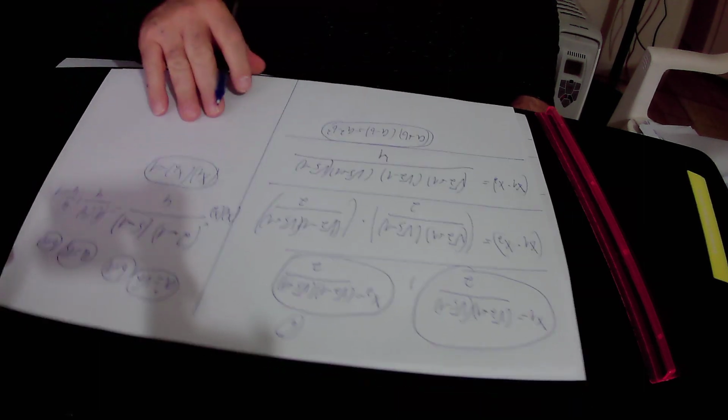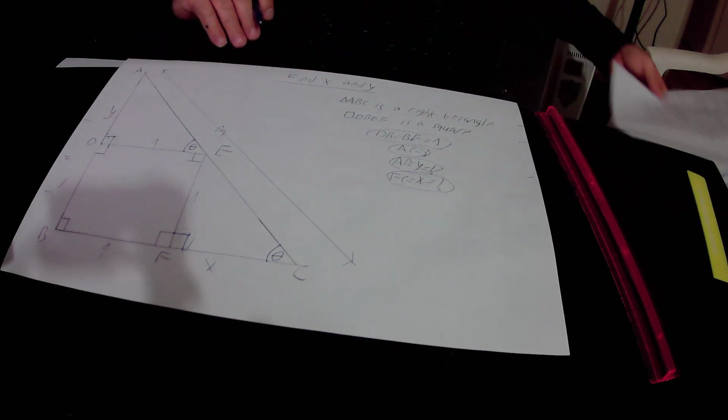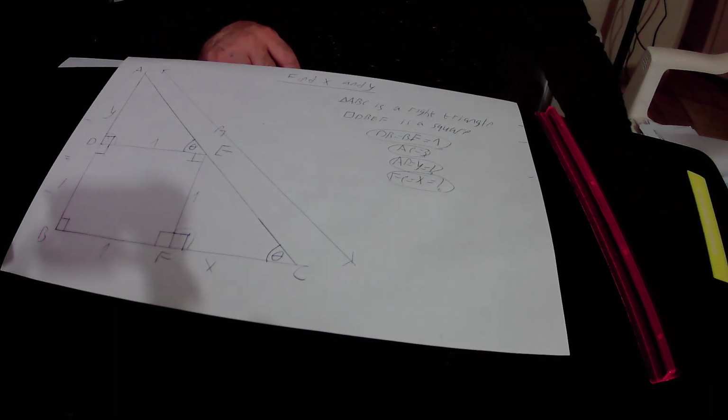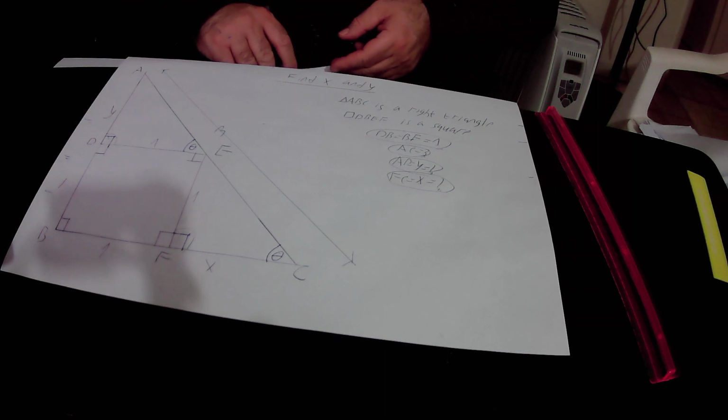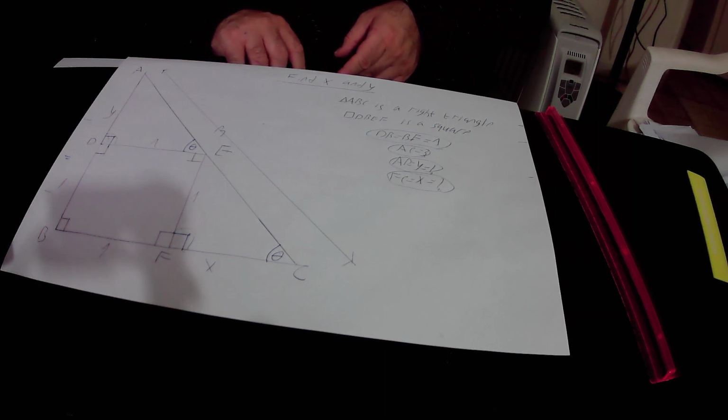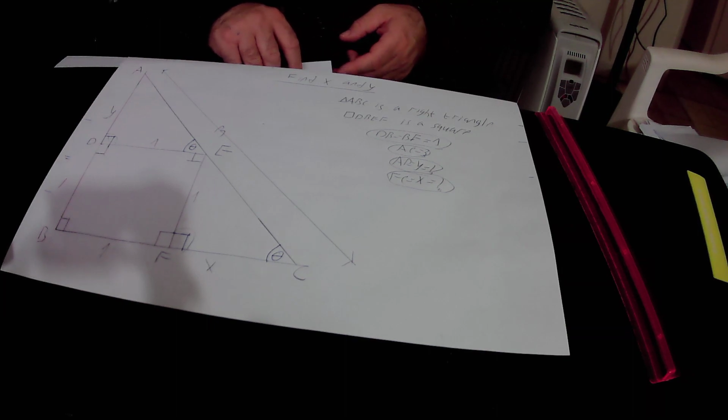Okay? And as you remember, when the multiplication of two numbers equals 1, it means that each is the inverse number of the other.